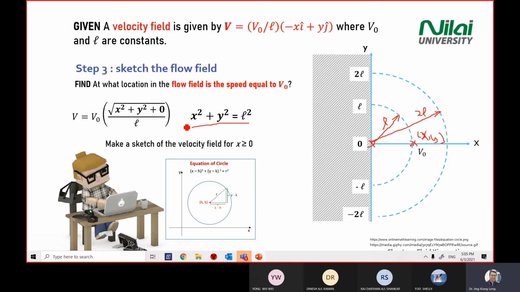So your x at the end, when you solve the equation, you will get V0. So this is V0, meaning your y equals 0. Your x here is L also. So the magnitude of this location is V0. Because your x is L, y is L, you simplify this equation, you'll get V0.